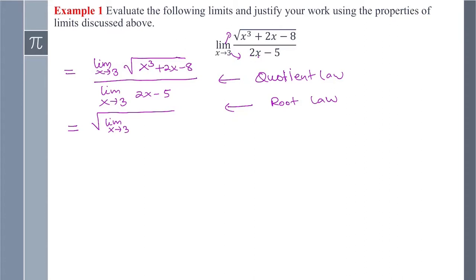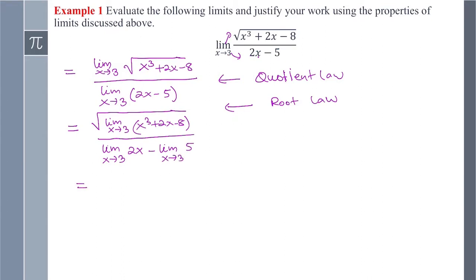So x cubed plus 2x minus 8. And then in the denominator, I can use the sum or difference law. So that means I can distribute that between these two. So I can write limit x approaches 3 of 2x minus limit x approaches 3 of 5.